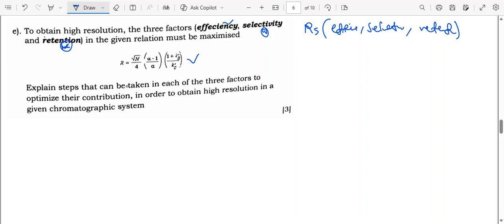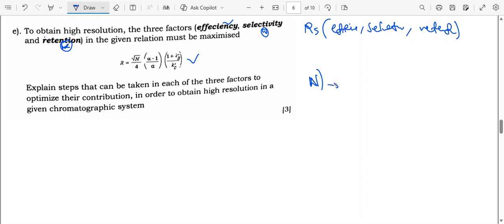Explain steps that can be taken in each of the 3 factors to optimize their contribution in order to obtain higher resolution. First, let me talk about the efficiency, represented by N, column efficiency in short.